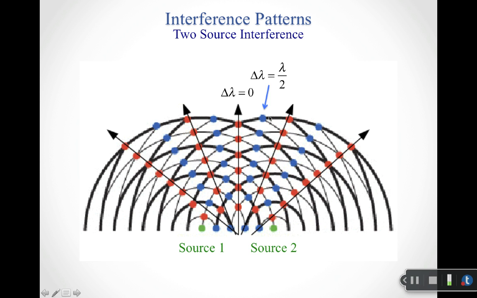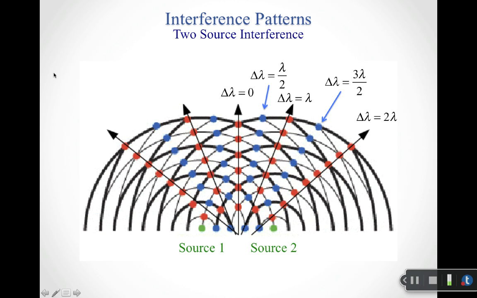We know we're going to have a path difference of 1/2 wavelength in this case. We see that we've got a path difference of 1 wavelength in this case. Here's the line for a path difference of 1.5 wavelengths. So here's a line for 2 wavelengths.